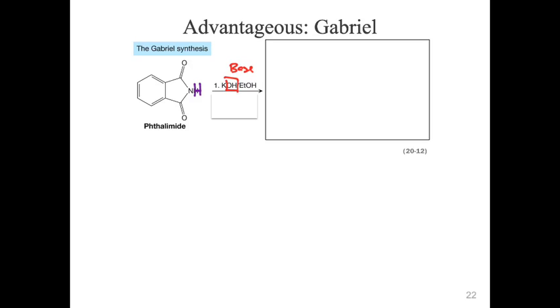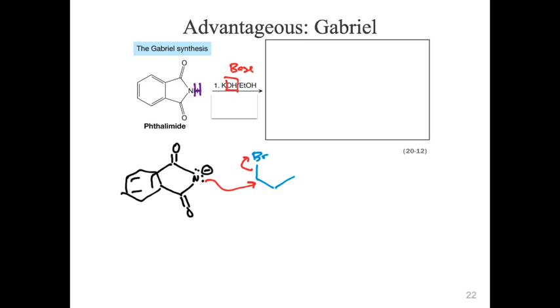That acid-base reaction creates, of course, we have to draw the whole ring, that very strong nucleophile, which we can then react with an alkyl halide in a substitution reaction.